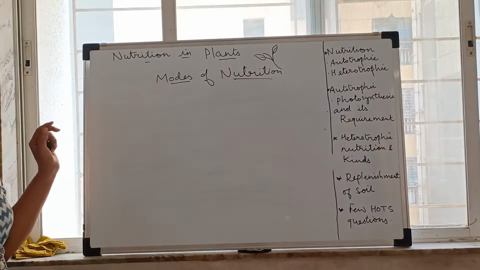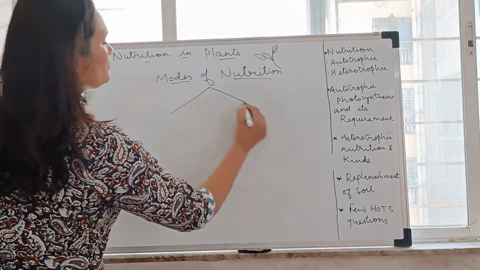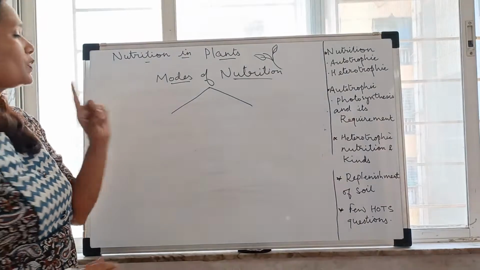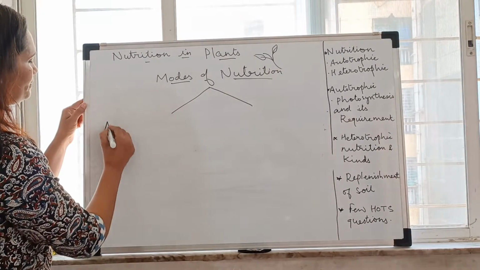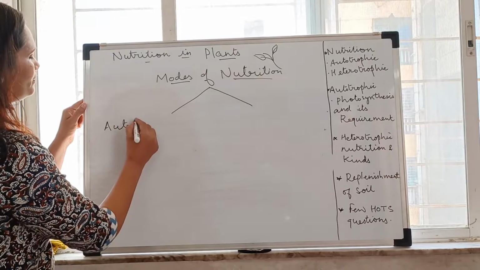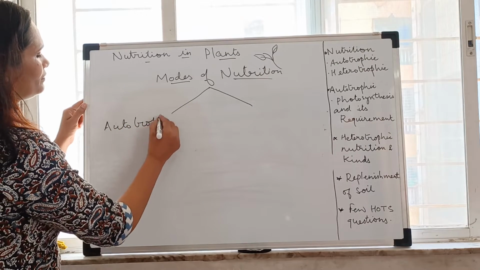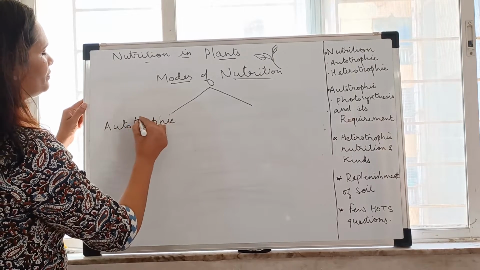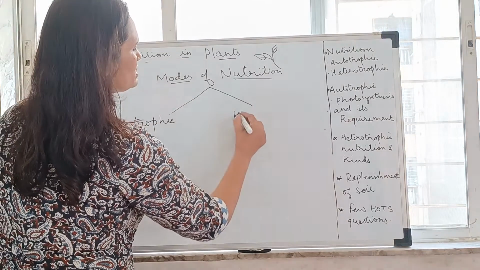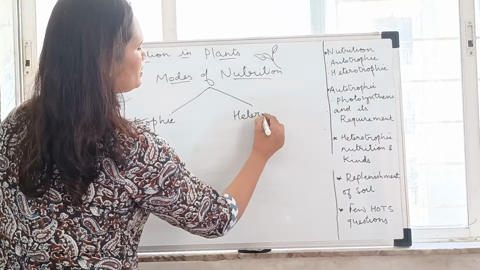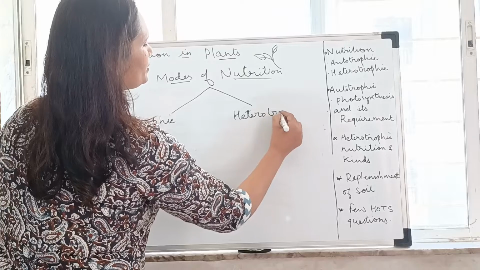The modes of nutrition can be of two types. One is autotrophic. And the second one is heterotrophic.